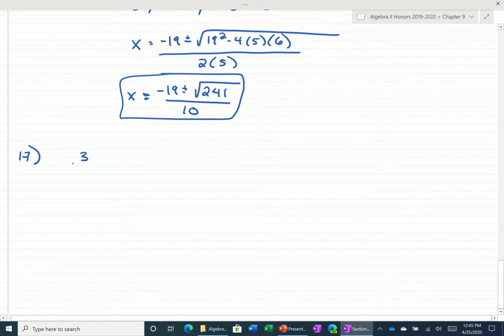Number 17, it says 3 over a minus 6 minus 1 over a minus 2 is equal to 3. So the LCD here would be a minus 6 times a minus 2.